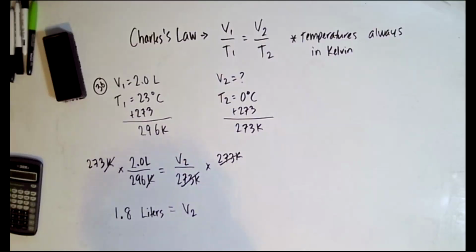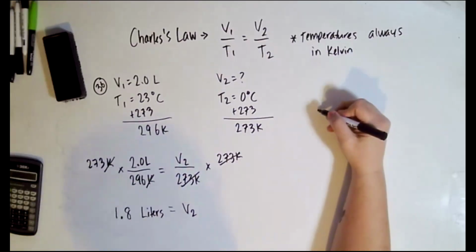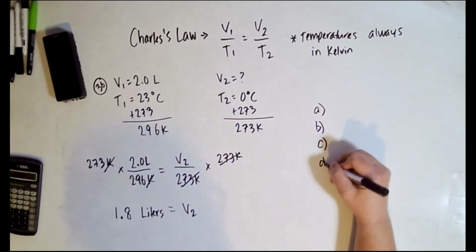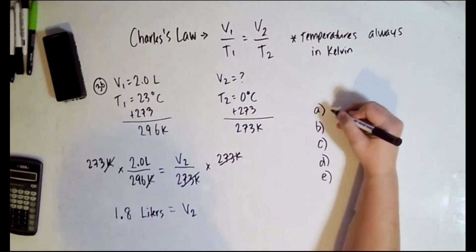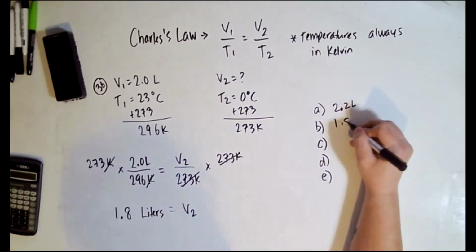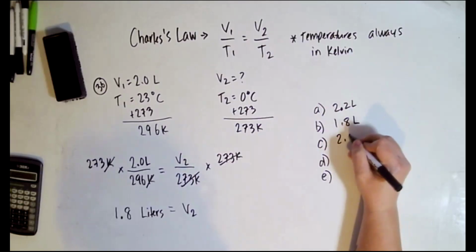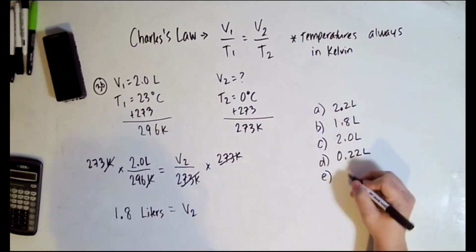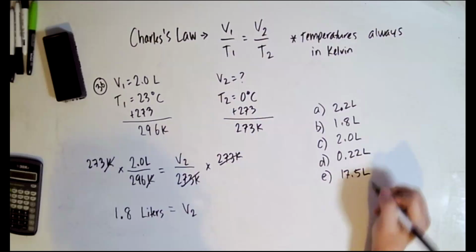So you can also use your knowledge of the simple gas laws to help you eliminate some of the answer choices, right? So if we look at the answer choices that were available to us, we had 2.2 liters, 1.8 liters, 2.0 liters, 0.22 liters, 17.5 liters.